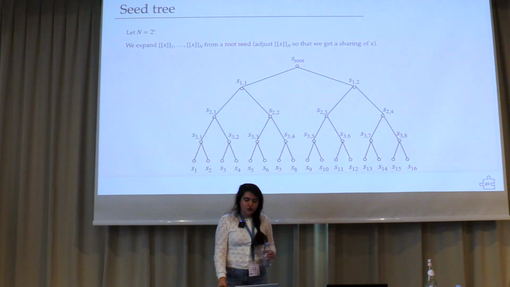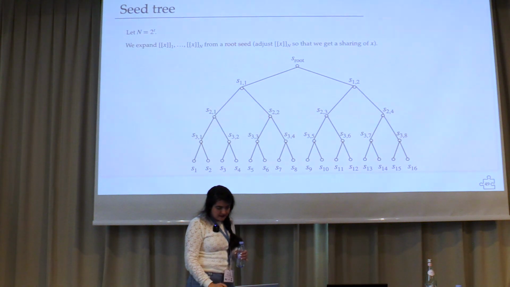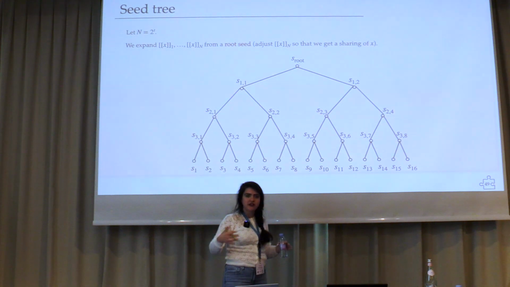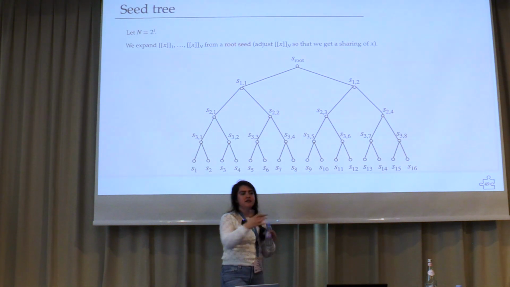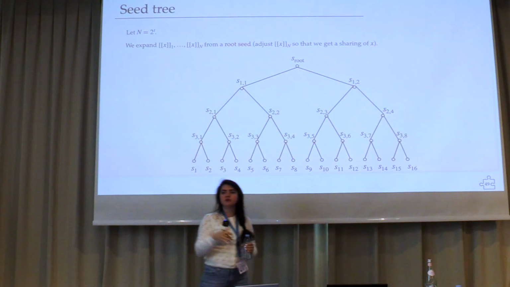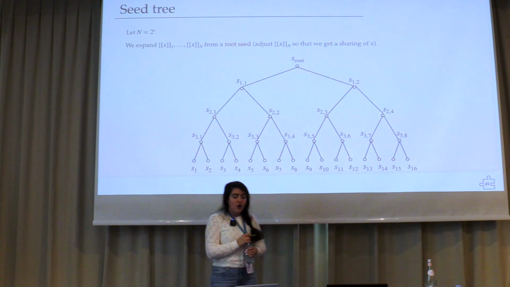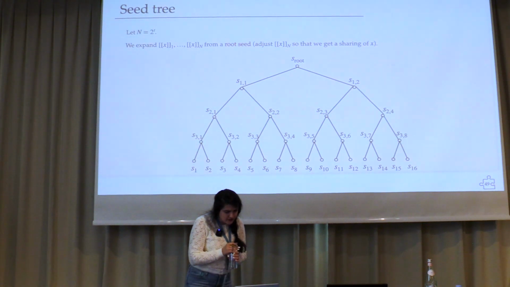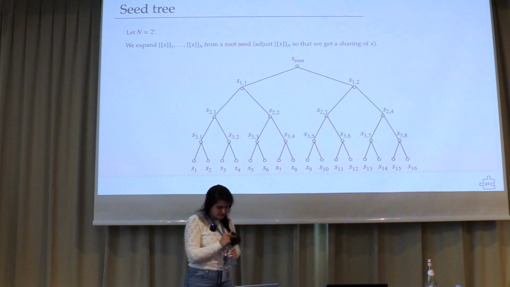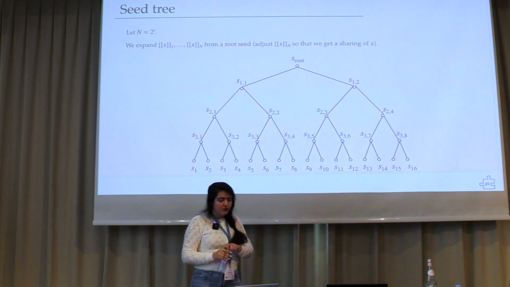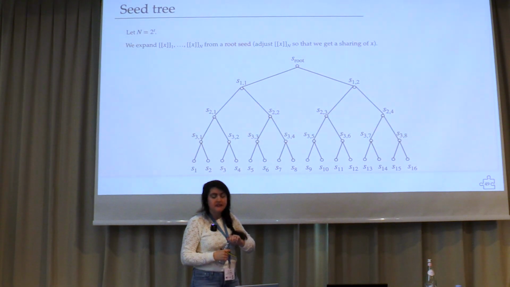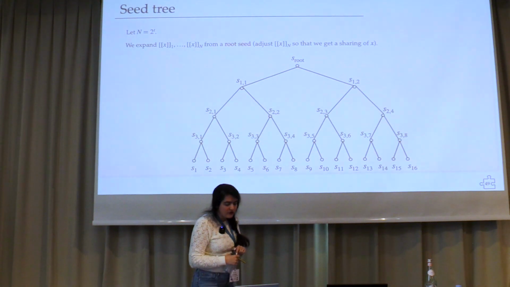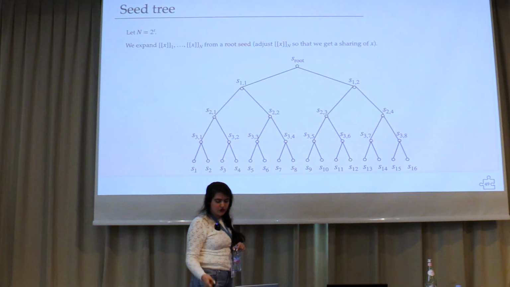Another thing that we can do: as I said, this protocol amplifies the soundness, because the soundness was 1 over n, and then I said you need to repeat it a lot of times. So there will be a lot of challenges that are sent. One thing you can do is compute them from a seed instead of sending all of them. What do I mean by computing them from a seed?